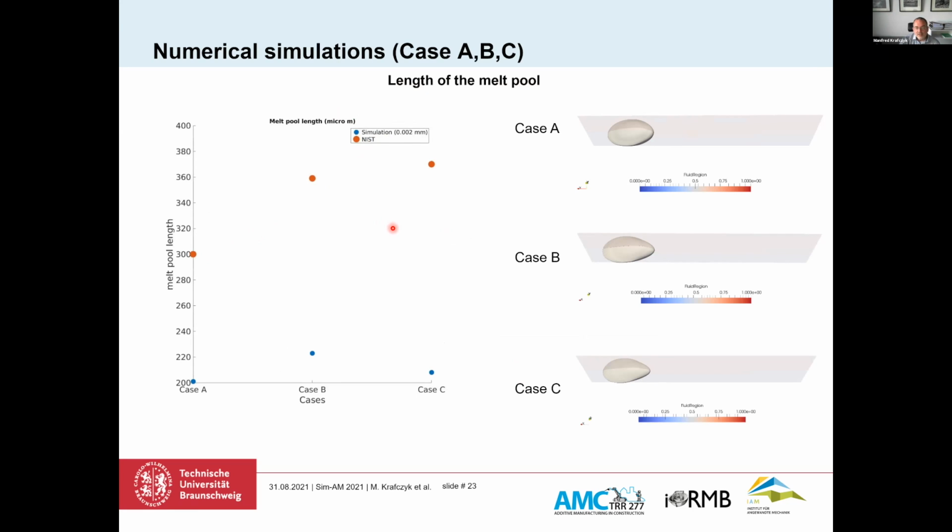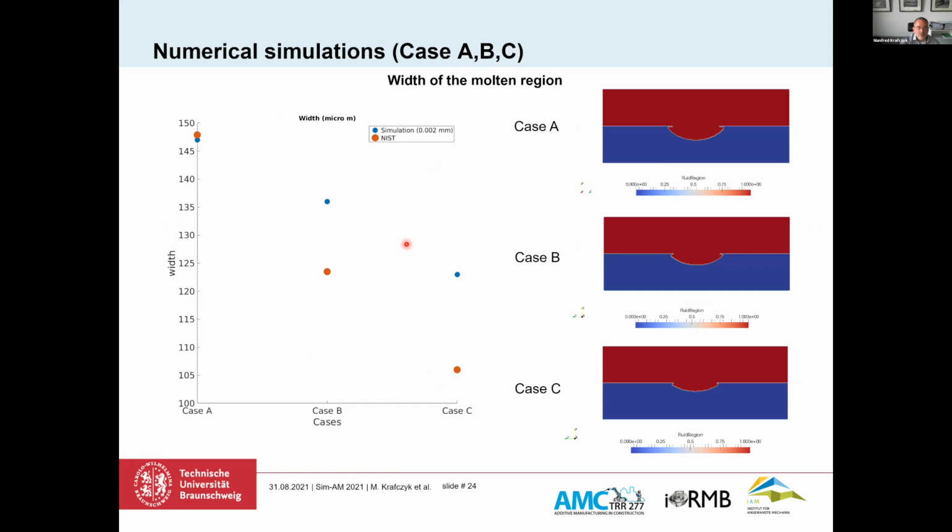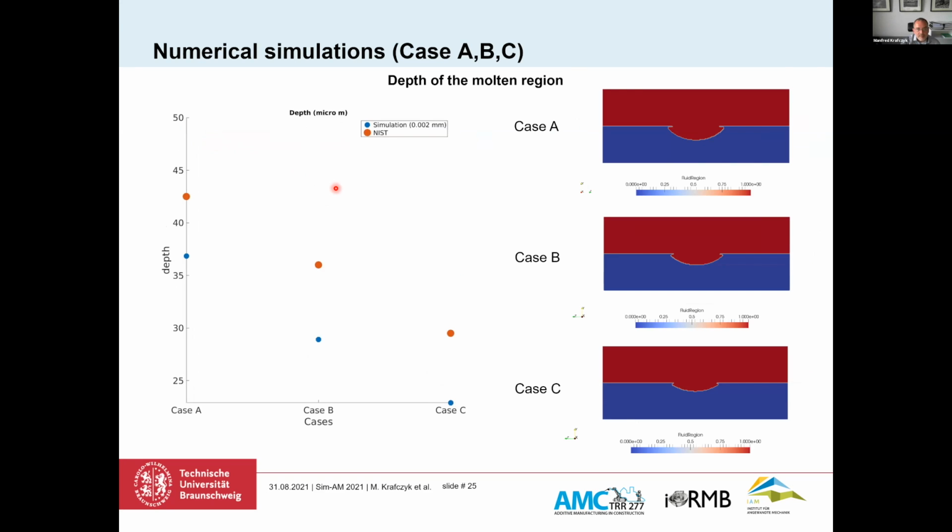So you can't really say that we are there yet. If you go to the width, things look slightly better. Deviations for at least case A are very small, but when you look at other properties like the depth of the molten region, again you see substantial deviations.